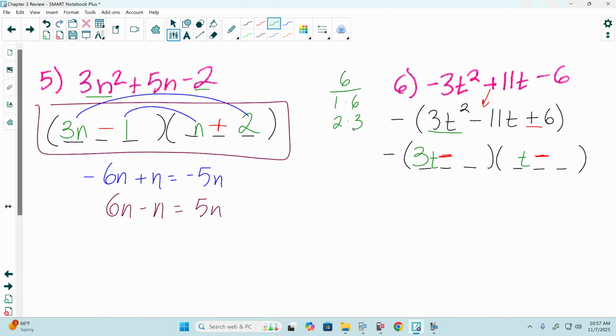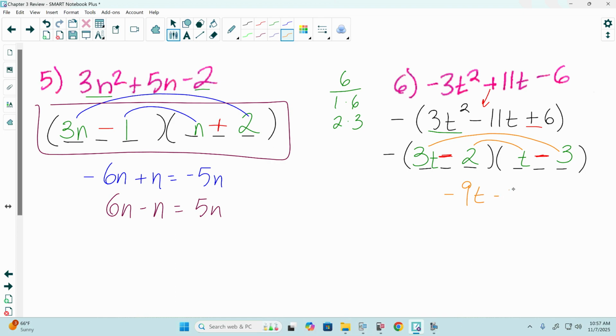For 6, this is the first set of factors where we have more than one option. We have 1 and 6 or 2 and 3. And again, at this point, plug it in whichever one. Pick one of the spots for 2, one of the spots for 3. It doesn't really matter. It does and doesn't, because at this point, we're going to check. So if it gives us the correct middle term, we're done. 3t times negative 3 is negative 9t.